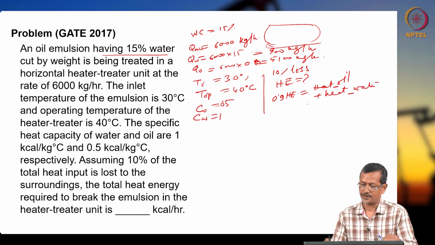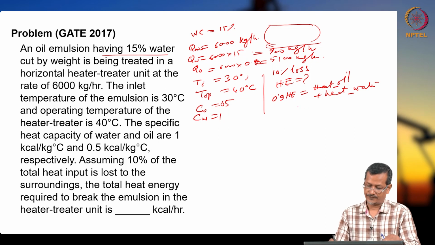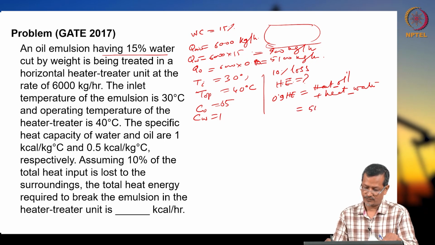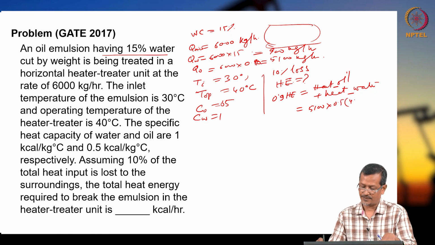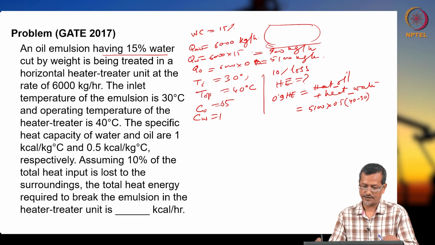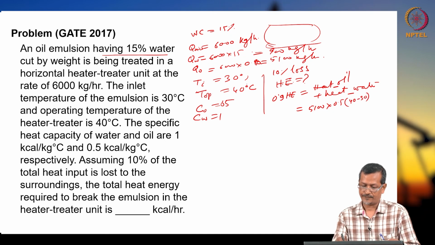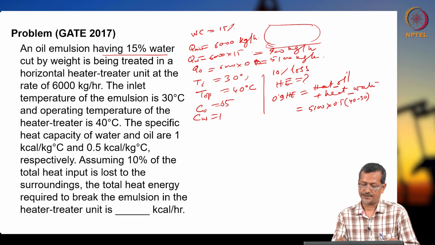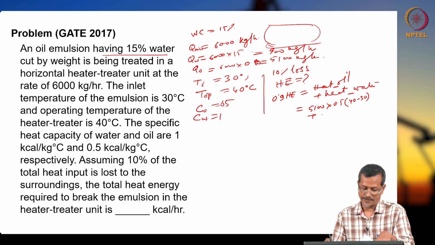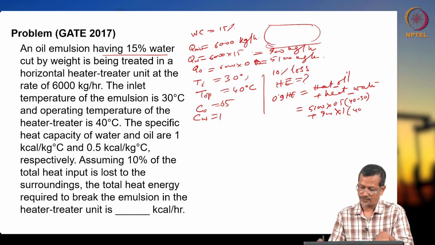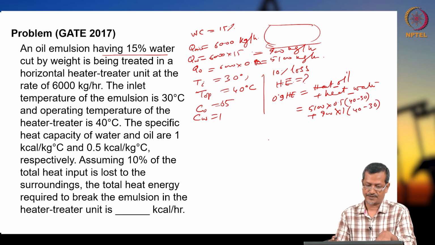How much will it be? 5100 into 0.5, temperature increasing 30 to 40, so 40 minus 30, so that I will get a positive value, plus 900 into 1 into 40 minus 30, same temperature.